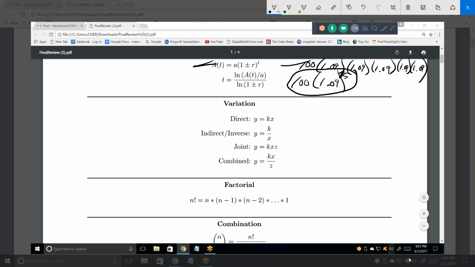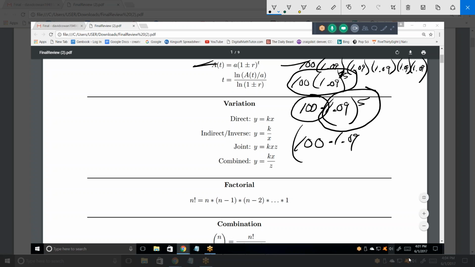Here's the difference: with 100 times 1.09 to the 5th, you can do this part first and then multiply it by your beginning amount. You don't have to do this part first and then take that answer and multiply it by 1.09. You see the difference?